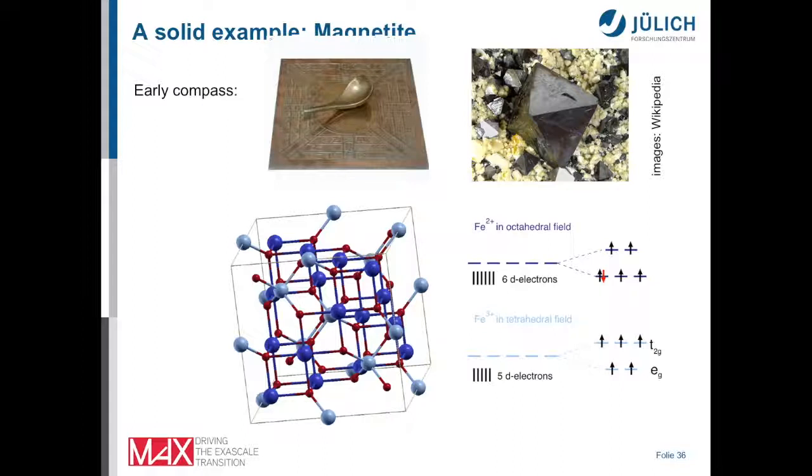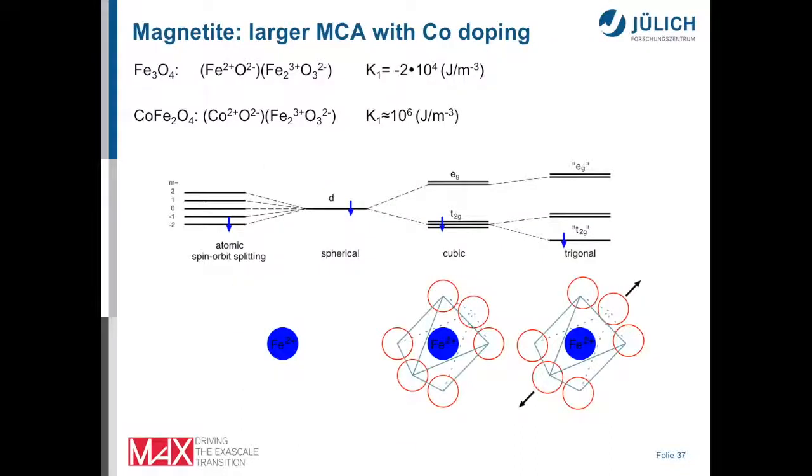So you have iron 2+ atoms which are responsible for the magnetism because they have one spin down electron which sits in the t2g states of the d electrons. You have an additional Jahn-Teller distortion which splits them off, but it couples, so to say, the spin direction with the spatial structure of this orbital.